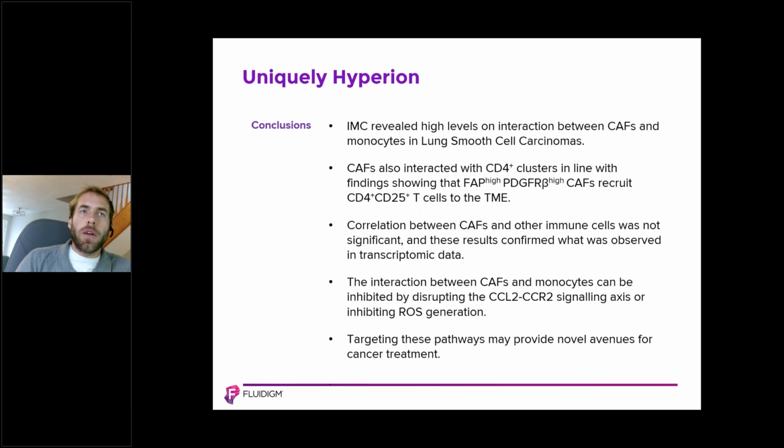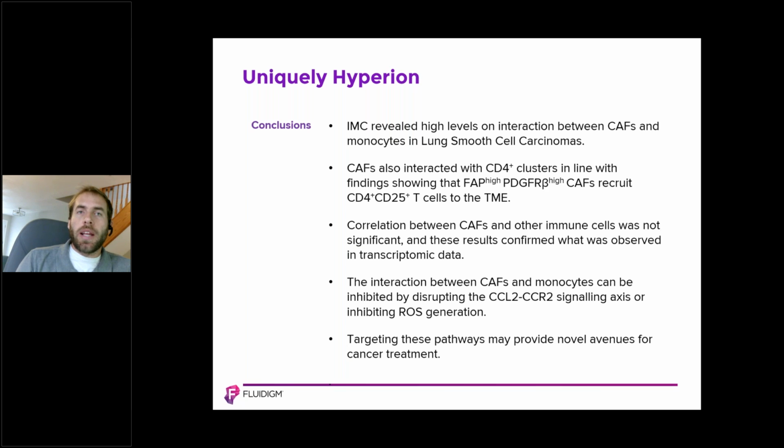Right? So what the authors were able to conclude from this study was that, one, IMC revealed high levels of interactions between CAFs and monocytes in lung squamous cell carcinomas. CAFs also interacted with CD4 positive clusters in line with findings showing that FAP high, PDGFR beta high CAFs recruit CD4 positive, CD25 positive T cells to the tumor microenvironment.